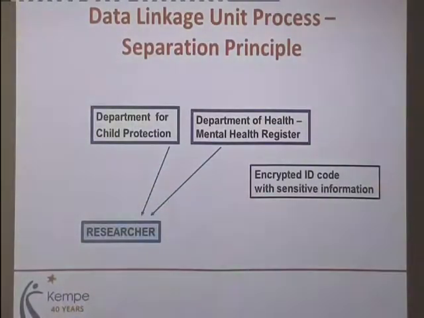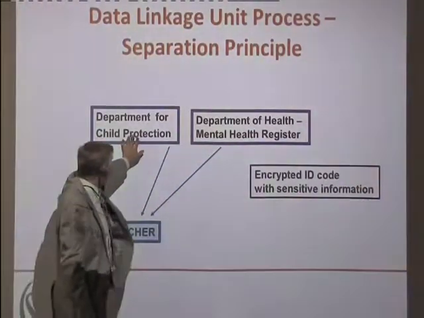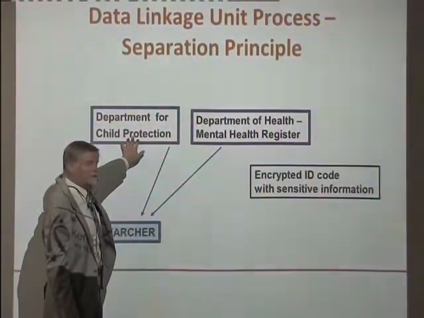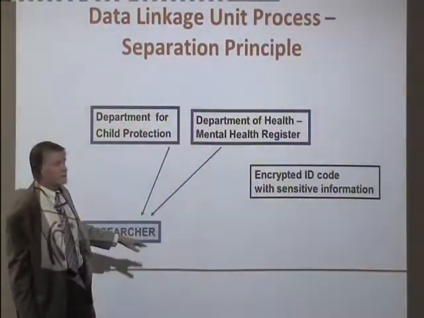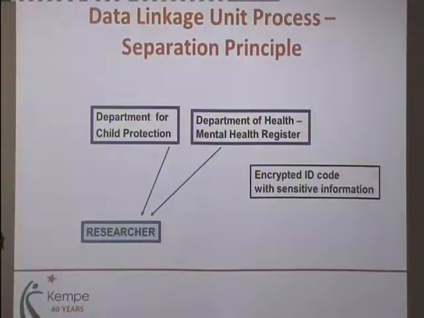And then that number can be provided to a researcher so that the researcher can have the information from the two systems and link the data using 1005 as the way to link the data between the two systems. So these two systems would provide the records from the child protection data and the records from the mental health data to the researcher, along with that encrypted special identifier.